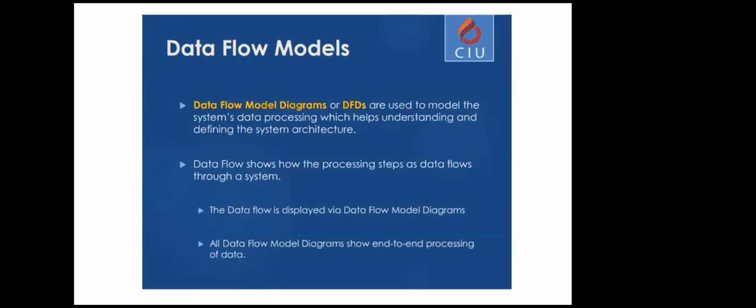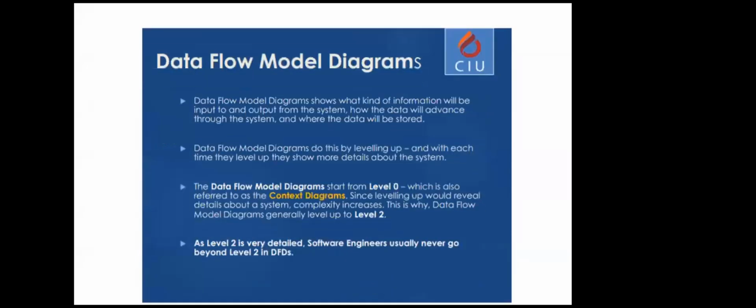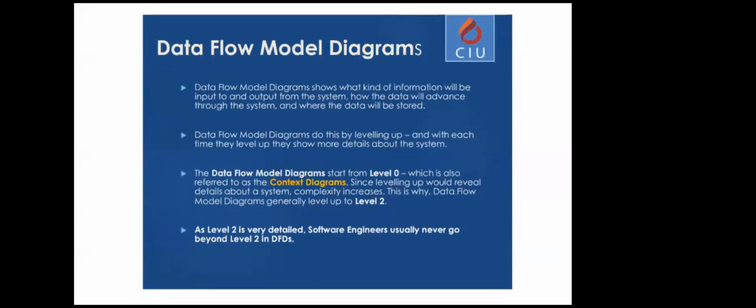Data flow diagrams, also called DFDs, are used to model the system's data processing, and they help in understanding the definition of the system architecture. The data is displayed via data flow model diagrams, and it's end-to-end processing, which means there's usually two-way communication between the data. One of the big differences between this diagram and the others is that this one has levels. It starts from level 0, which is the context diagram, which has only one process and multiple external entities.